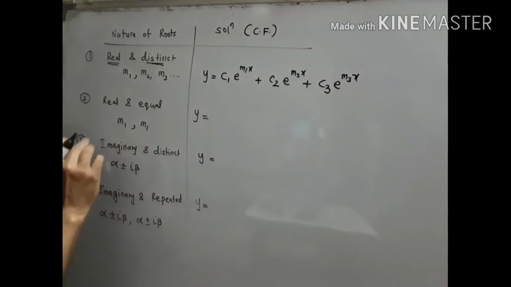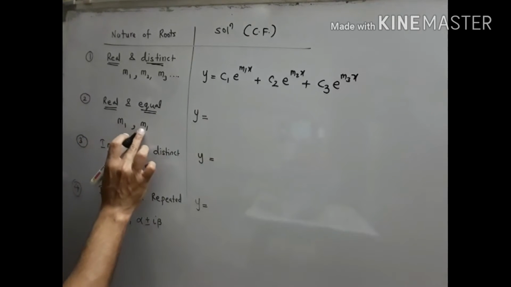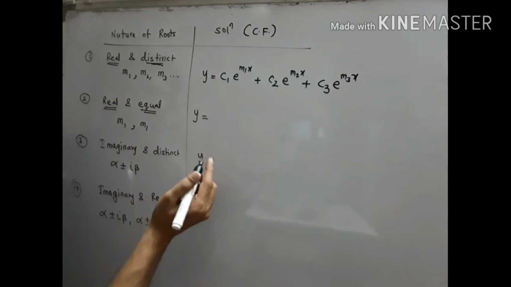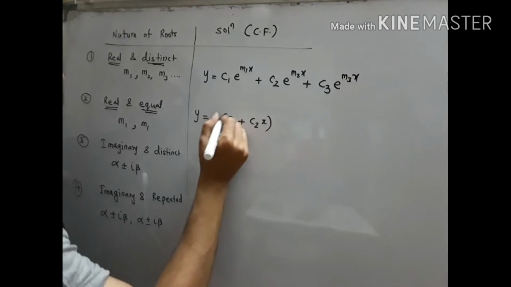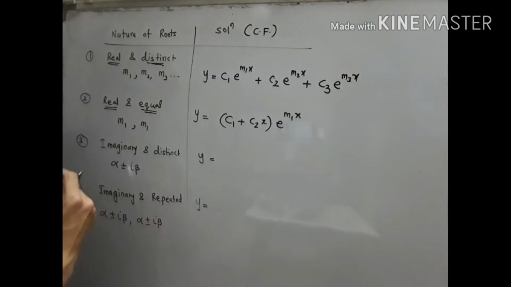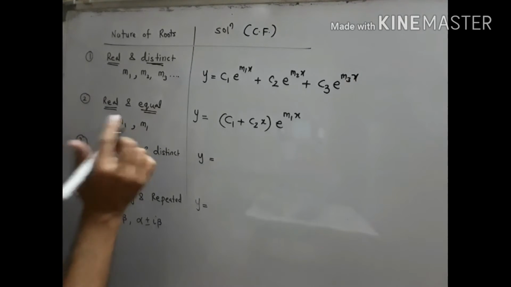Now if the roots are real and equal, for example m1 and m1 are the two roots but they are equal, in that case we write y equal to (c1 plus c2 x) e raised to m1x. Now suppose this m1 is repeated 3 times instead of 2. Here it is repeated 2 times, but suppose it is repeated 3 times.